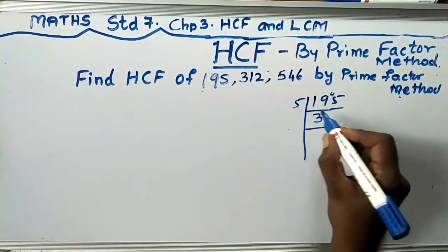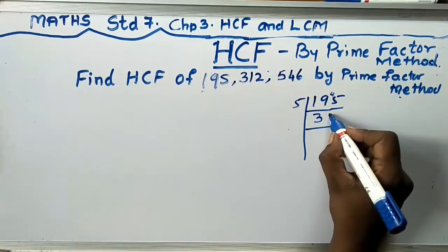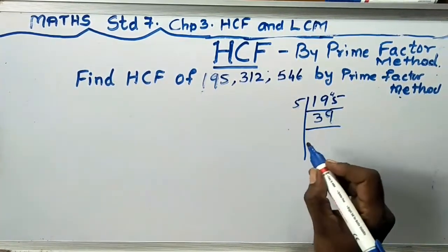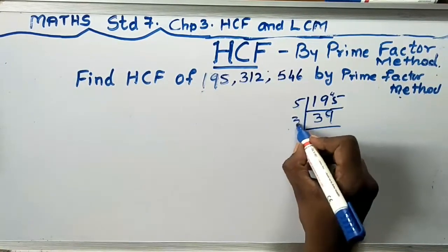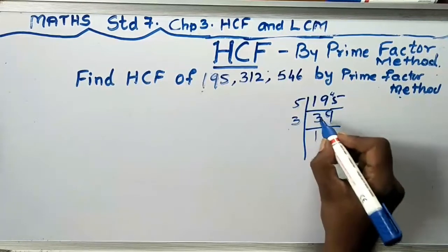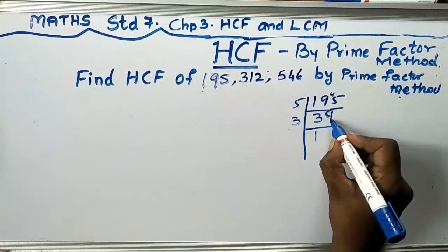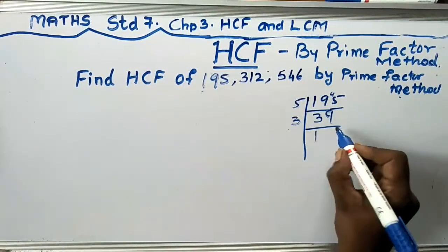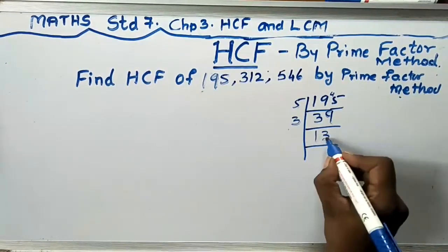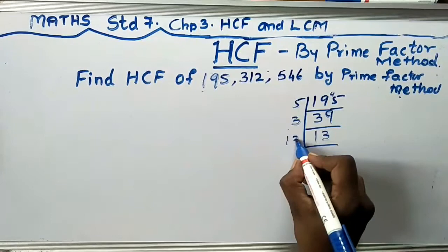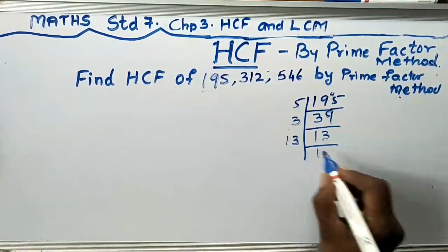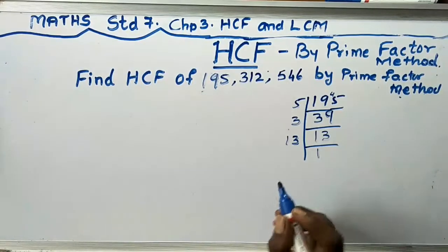So 45 goes in 5 table how many times? 9 times. 9 5s are 45. It becomes 39. So 39 goes in 3 table. 3 ones are 3. 9 is there. So 9 goes in 3 how many times? 3 times. 3 3s are 9. Then 13. 13 is a prime number. So 13 goes in 13 table 1 time.